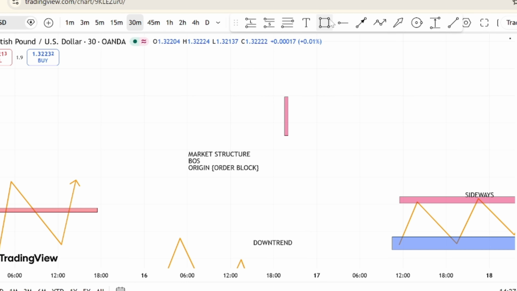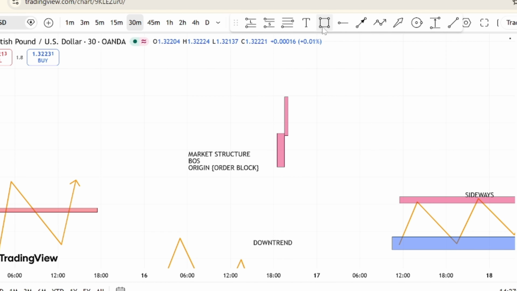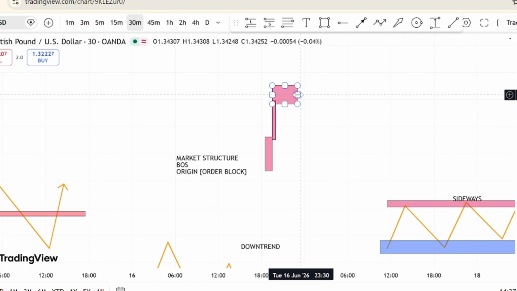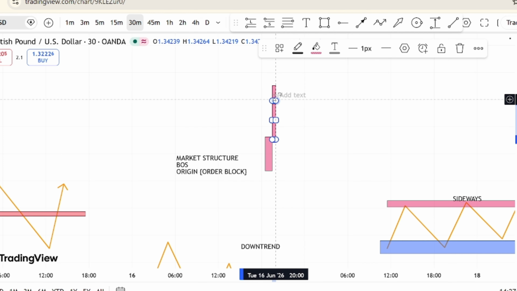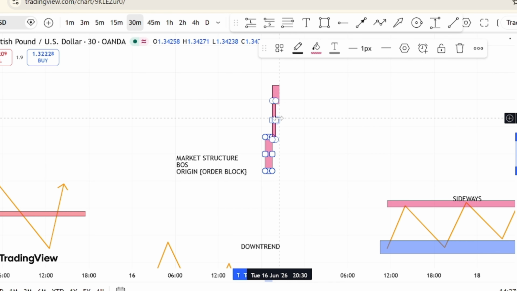So if this is our first candle, if we are in an uptrend and our chart is like this, for example, these are our candles. So this one should be red.